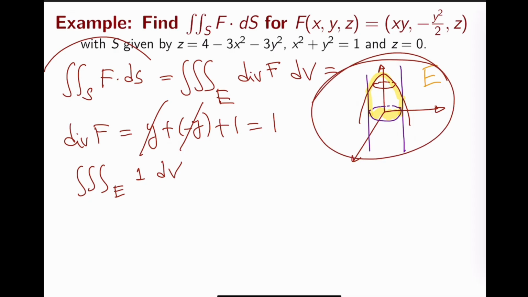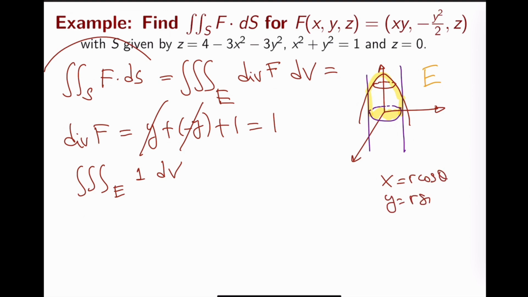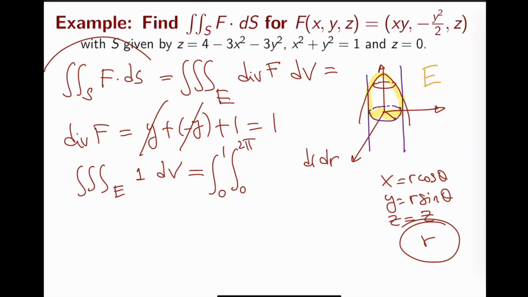Considering the functions that determine the solid E, it will be good to use cylindrical coordinates. This is x equals r cosine theta, y equals r sine theta, and z equals z. And the differential we have to multiply by r. The integral from 0 to 1 dr, since the radius is going to vary from 0 to 1. The angle, since it goes all the way around, is going to be the integral from 0 to 2 pi d theta.